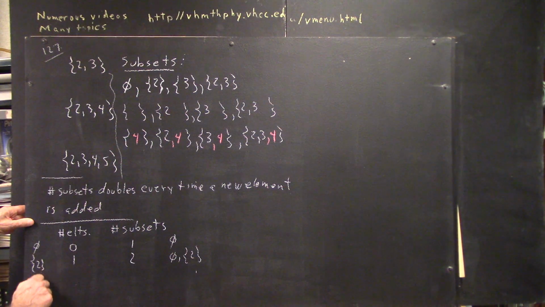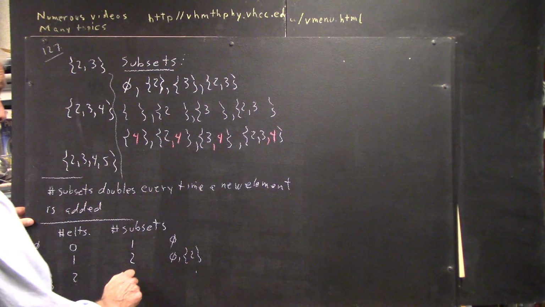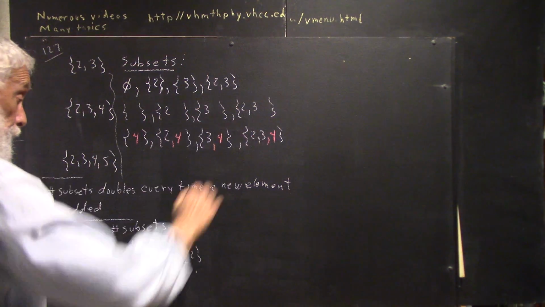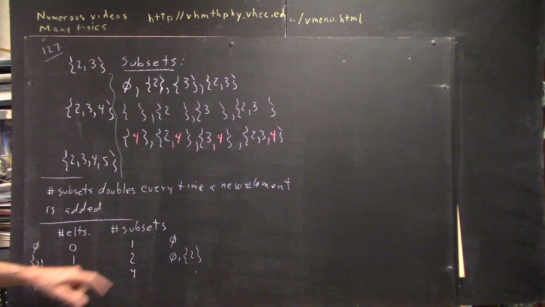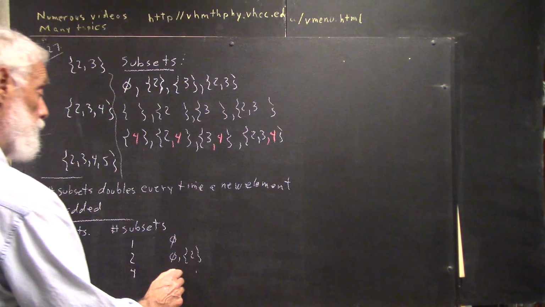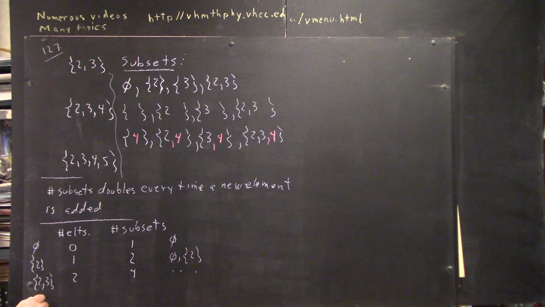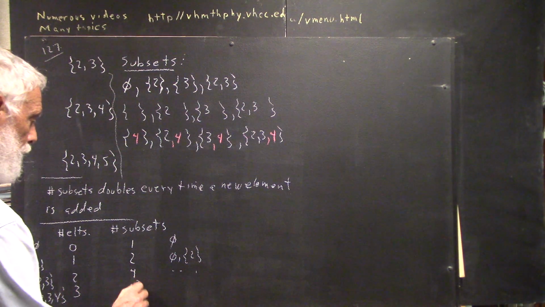Okay, what about the set 2, 3? It has 2 elements. It has 4 subsets, as we saw up here, because we added an element, so we doubled the number of subsets. And I'm not going to list them, they're listed up here. And then 2, 3, 4, we have 3 elements, and now we have 8 subsets.